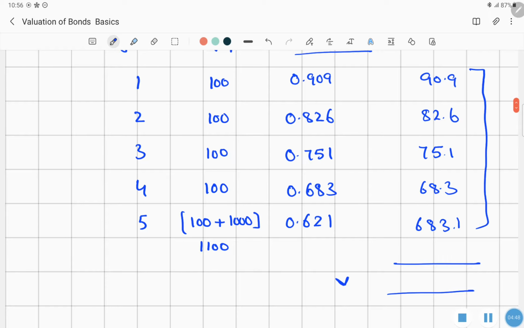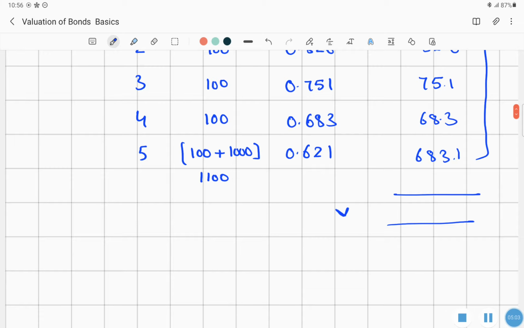So I'll be adding 90.9 plus 82.6 plus 75.1 plus 68.3 plus 683.1. So I'm getting 999.2.